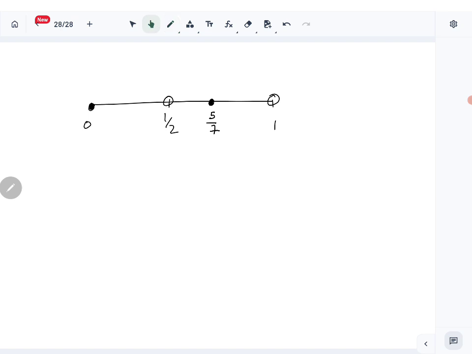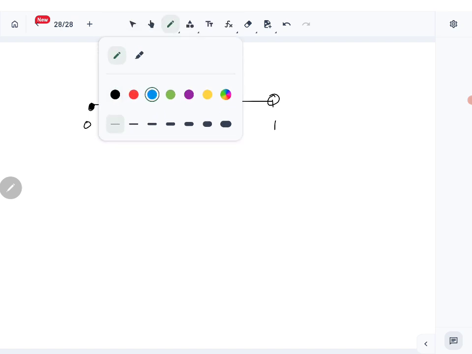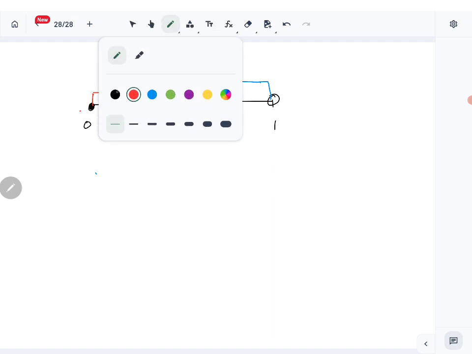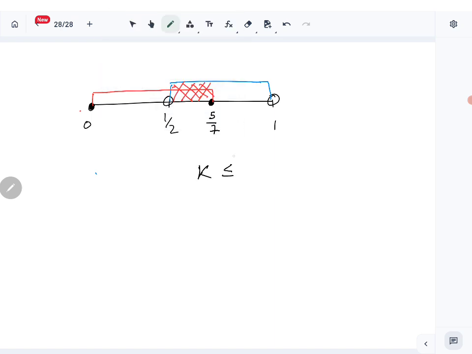Both colors are in this section, so the k interval is what? This point is included, and greater than half. Right, so that's the first question. Next, we'll do the second question.